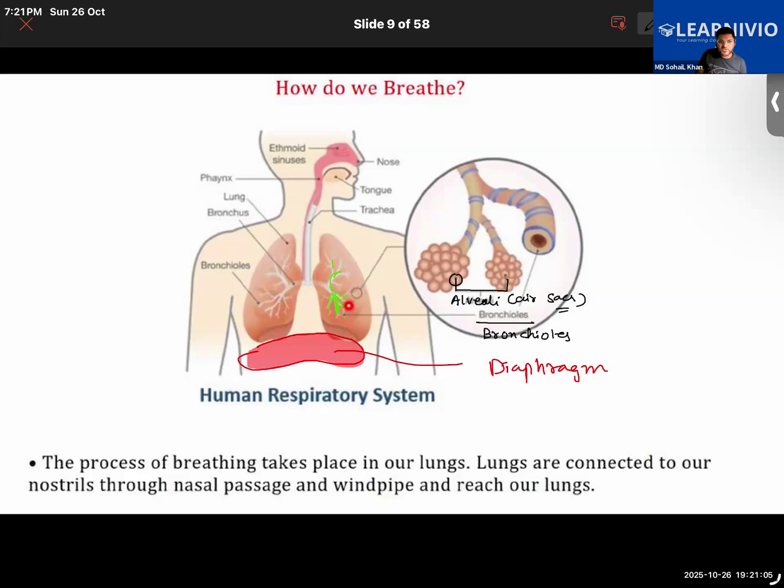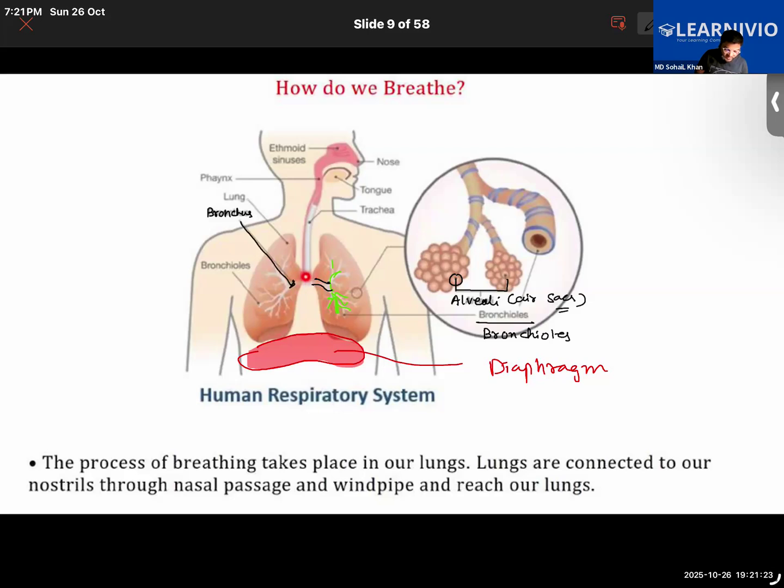After bronchioles, you have the bronchus, this part here, which is just exiting the lungs. That is called the bronchus.